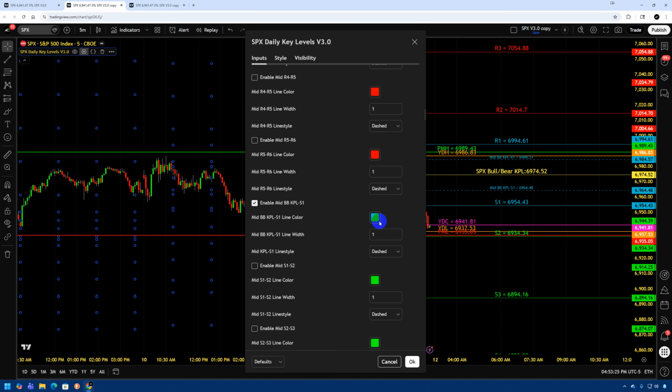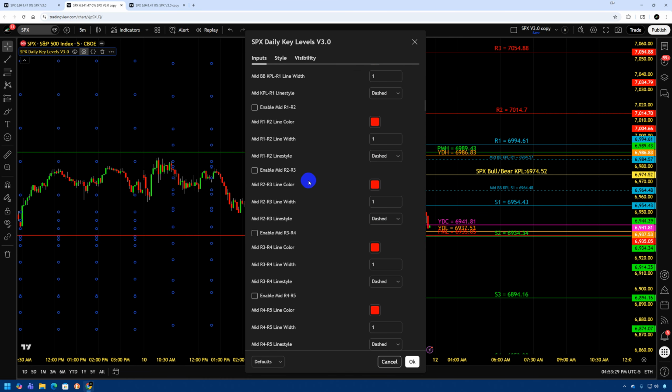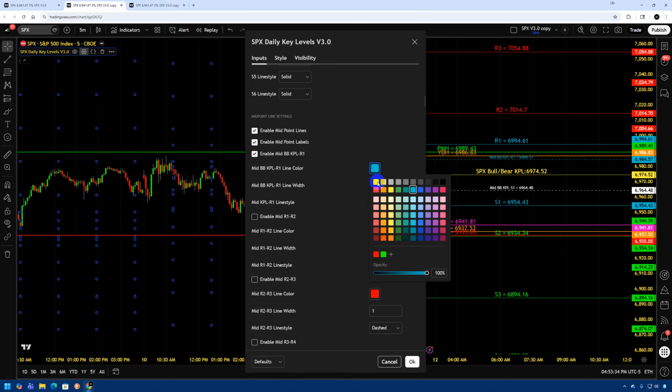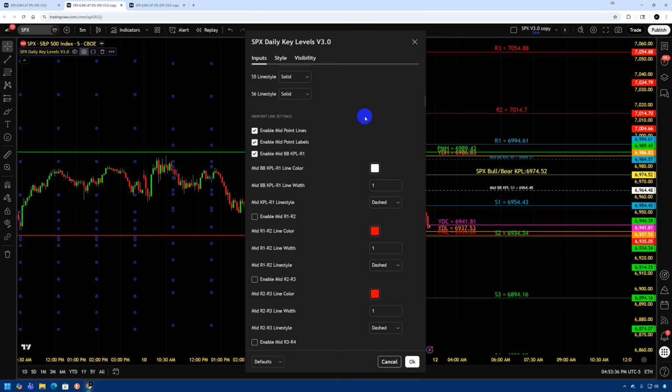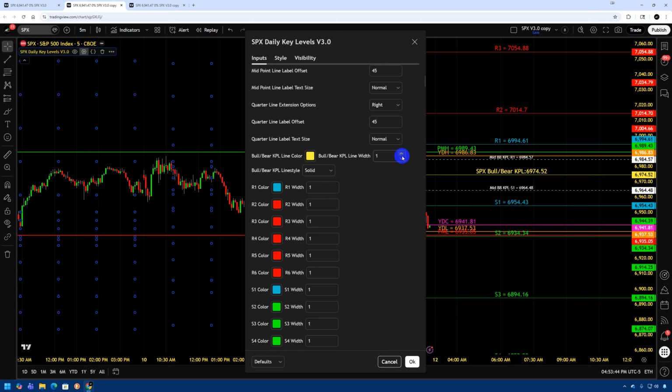So we'll go up here and we'll change these to white as an example to make them easier to discern. The bull bear key price level, let's change that to make it thicker.